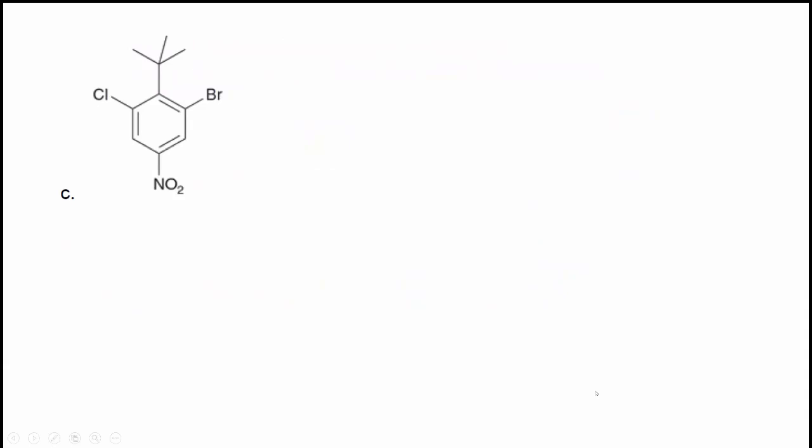Okay, if we look at this one, we have an NO2, another tert butyl, Br, Cl. The tert butyl group is the one that is going to be driving the directing effects because that's the only activator on here.